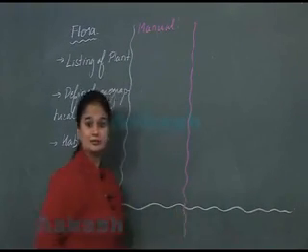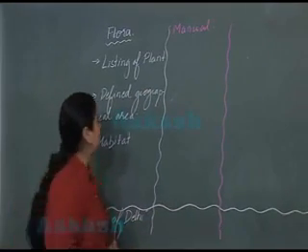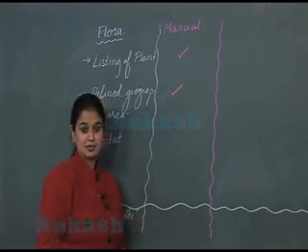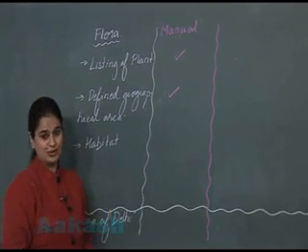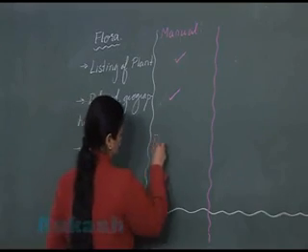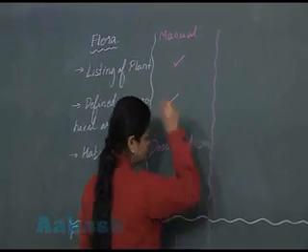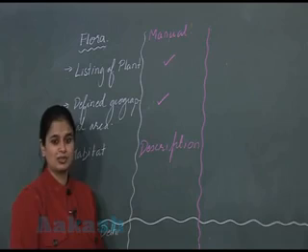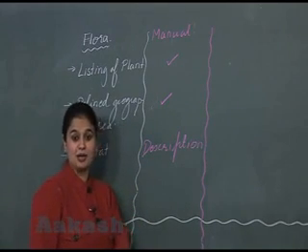Next one is manual. Manual is also going to provide a listing of plants in a particular area, and along with that it is also going to give the description of the plant. So manual provides the listing of plants and also describes characteristic features of plants.